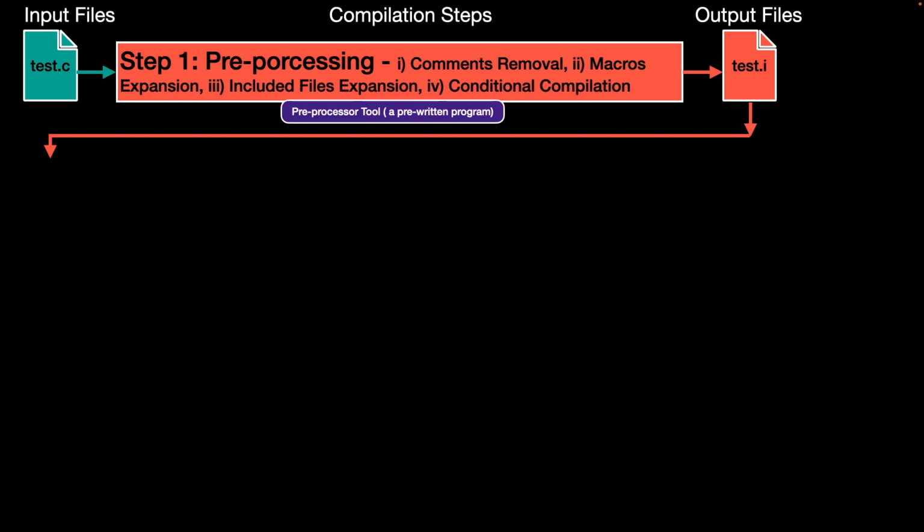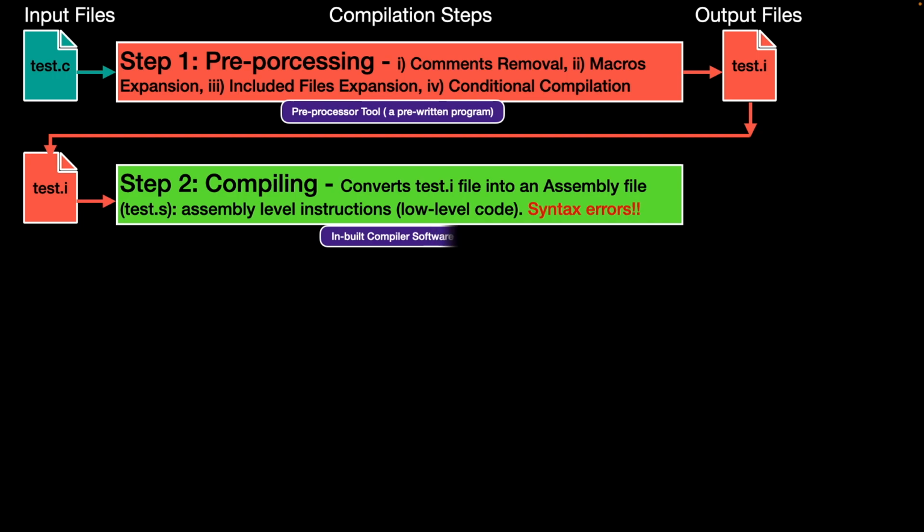So in the second step, which is compiling, there is a built-in compiler software which takes test.i, that intermediary output file, as an input and converts this file into an assembly file which has extension .s. So assembly is an English-type language that is a very low-level language.